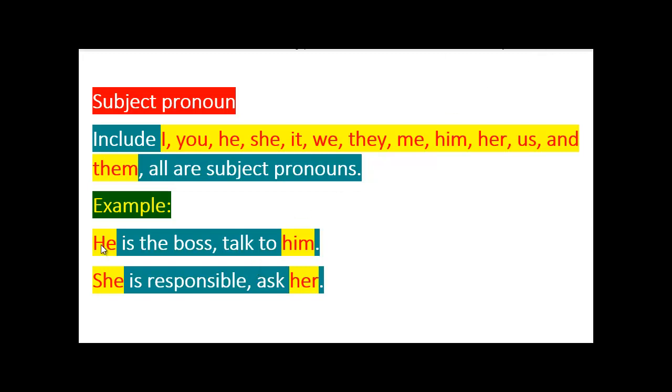He is a subject pronoun, and him is an object pronoun. There's nothing to it really. All you have to remember is that I, you, he, she, we, they are the subject, and me, him, her, us and them are the object. That's all there is to it. Subject pronoun. We'll move on.